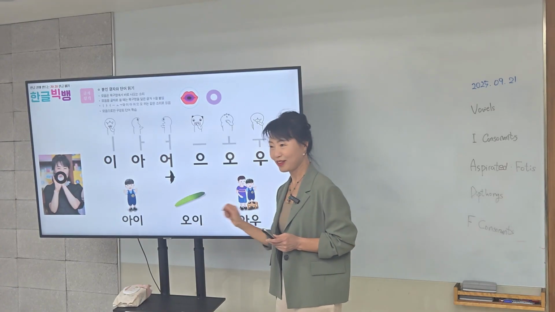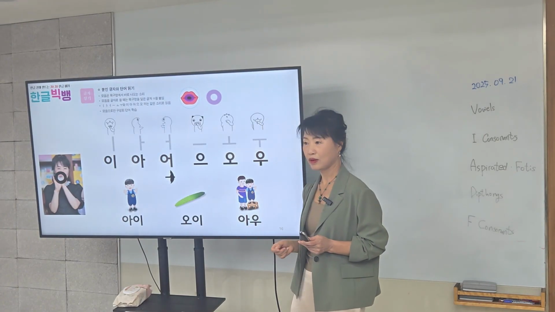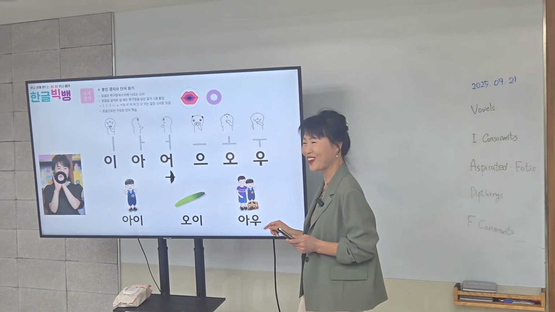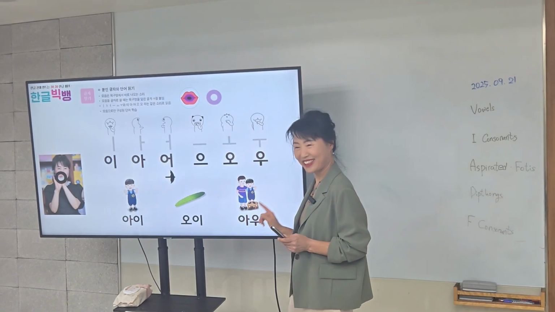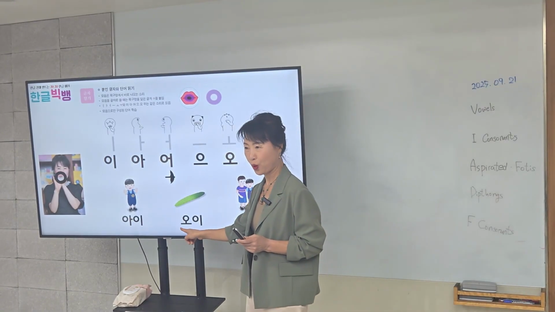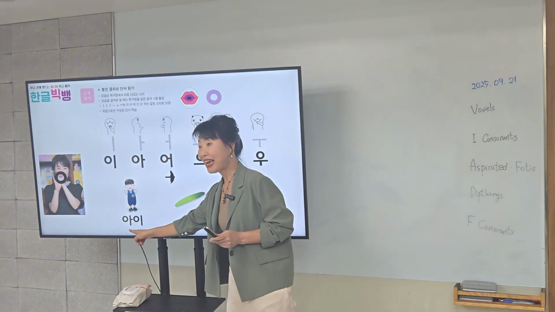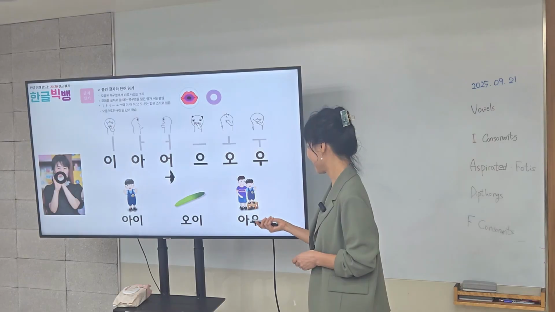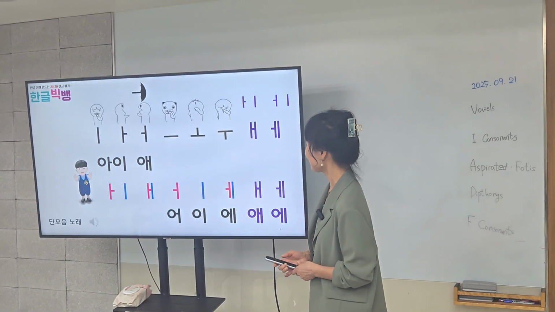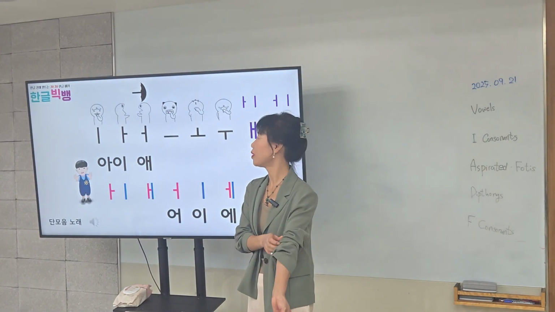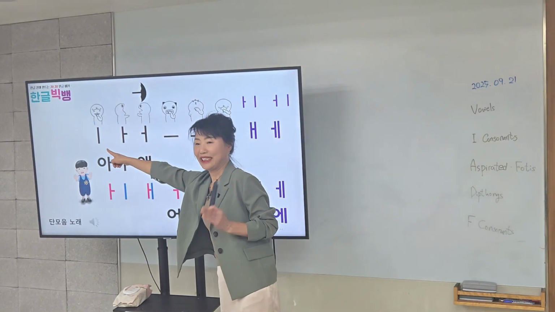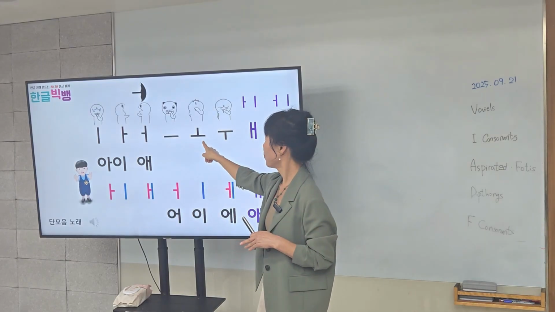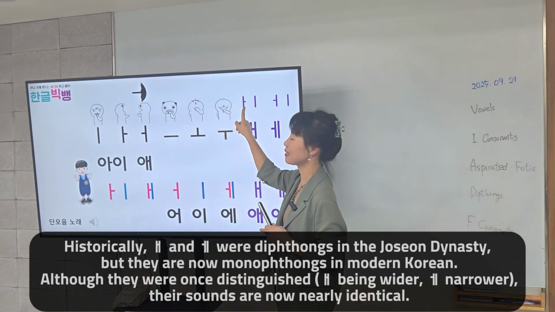Oh, and this? Okay. Once more, this is O-E, A-E. Good. Wow, from now you can read the Korean words. And then we will learn 2 more monophthongs. So once more. E, A, O, U. Okay, what is this?